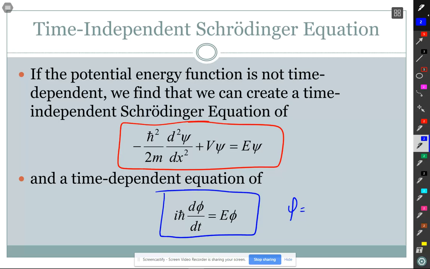Separate variables. So I'm going to take this and put d phi on the left side. And I'm going to have to divide by phi to get the phi away from the right side. d phi over phi. Multiply across the dt divided by i h bar, actually, is what we call that. It's Planck's reduced constant.